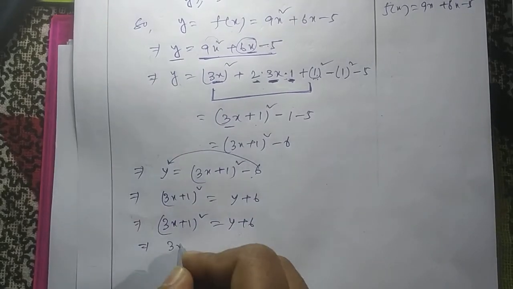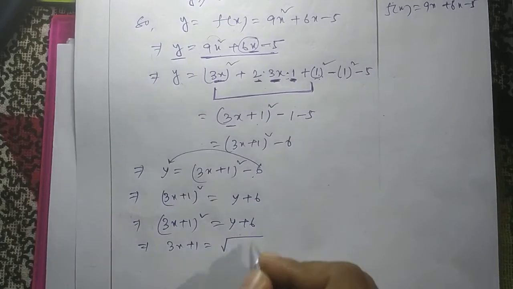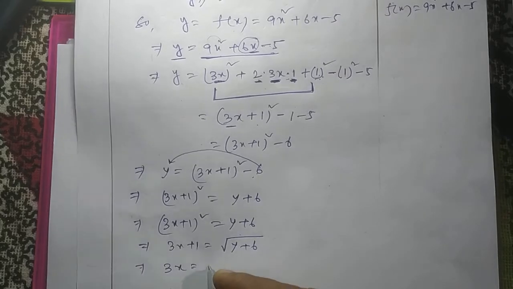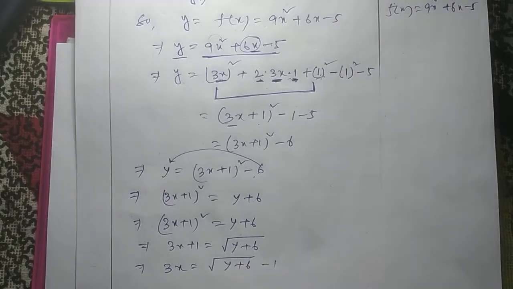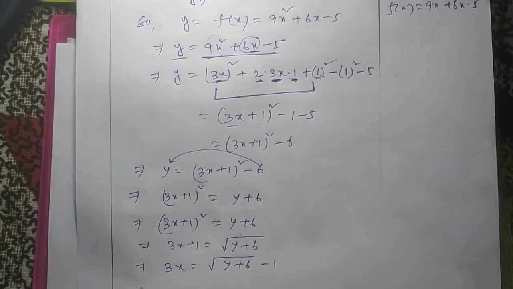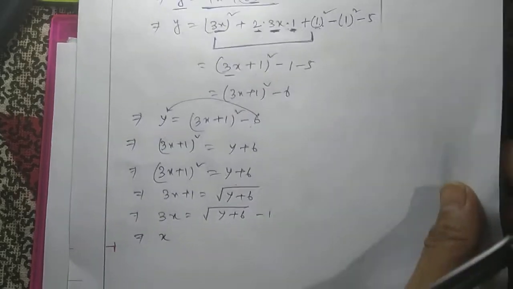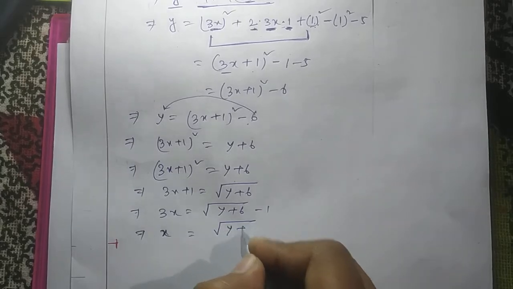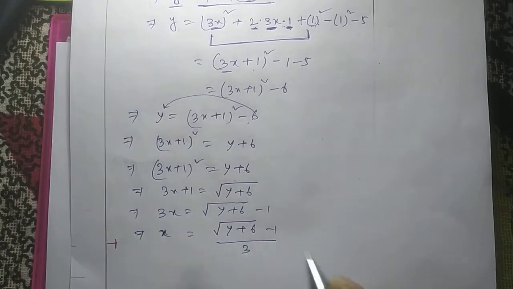Only 3x plus 1 will be root over y plus 6. Correct? It is a very easy step. Now only 3x will be root over y plus 6 minus 1. Correct? And only x will be root over y plus 6 minus 1, by 3.